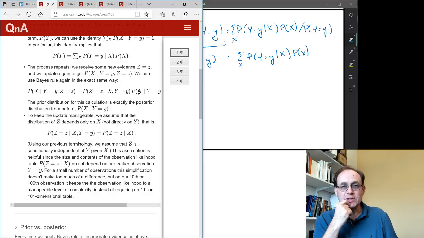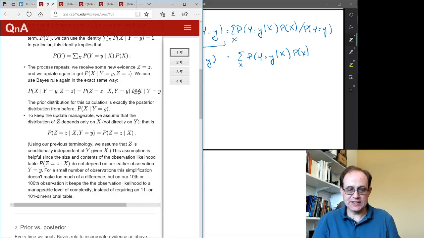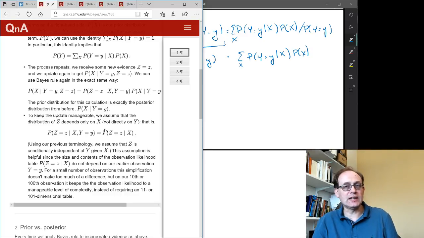But there's one more simplification that we will typically make, which is to say that the distribution of the next observation, z, depends only on x and not directly on y, right? It'll depend on y because y tells us something about x and x tells us something about z. But it doesn't depend directly on y.